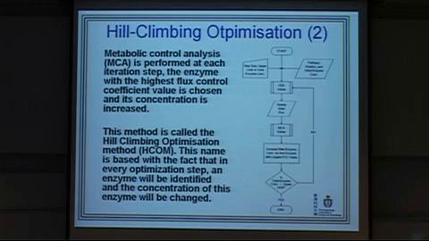But in general, what we're doing is the metabolic control analysis, which is a well-established technique. So as long as we have some experimental results of intermediate concentrations, etc., and enzyme activities, and we have some description of the kinetics of the enzyme, we can undertake that analysis. And as I said, generally then, the enzyme with the highest flux control coefficient is chosen and the concentration is increased.